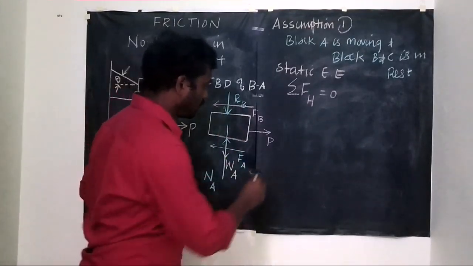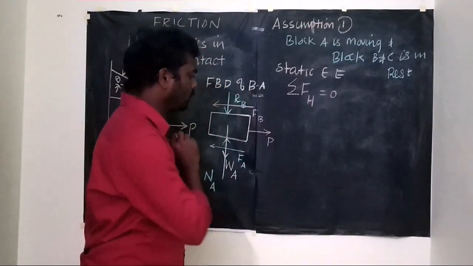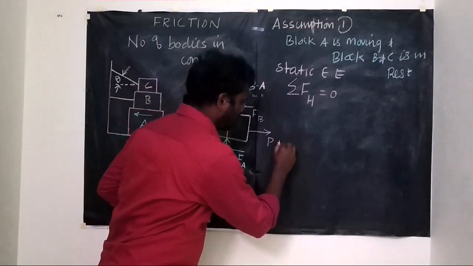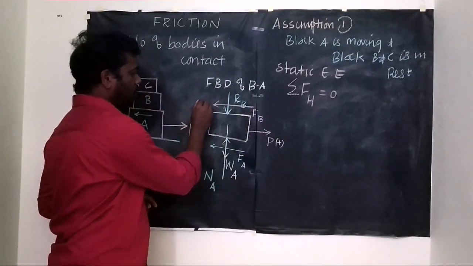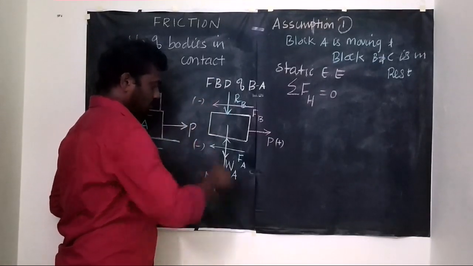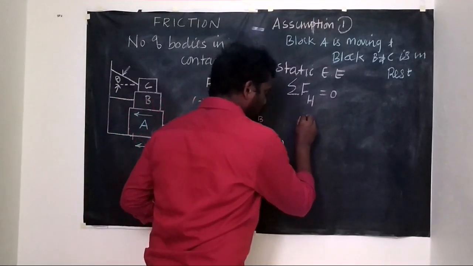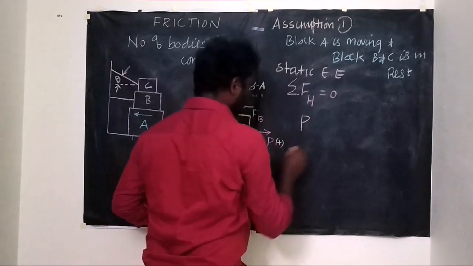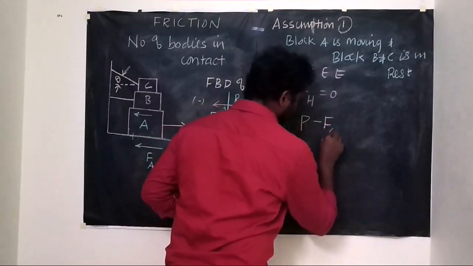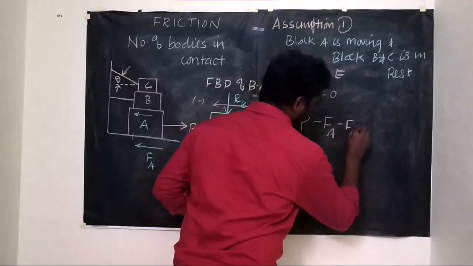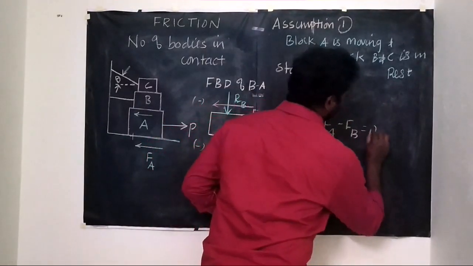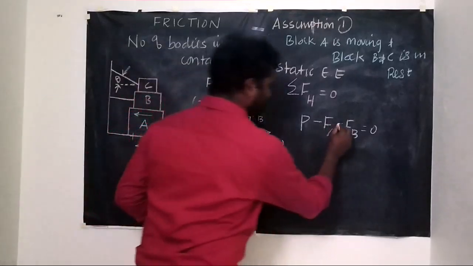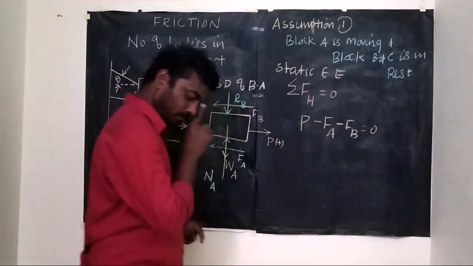Among these three forces, the external force acts towards the right, so assume it positive. The remaining two act towards the left, so assume them negative. Now force P is positive, minus F suffix A, minus F suffix B, equals 0. Any doubt after this?